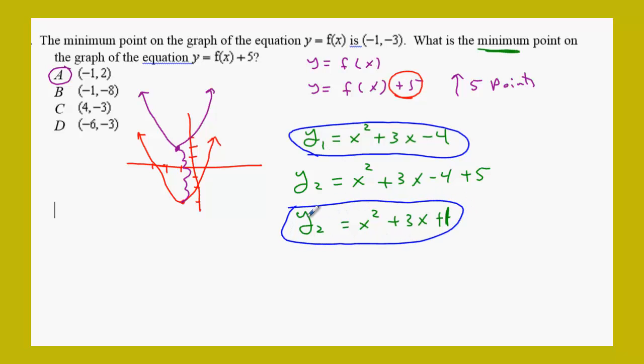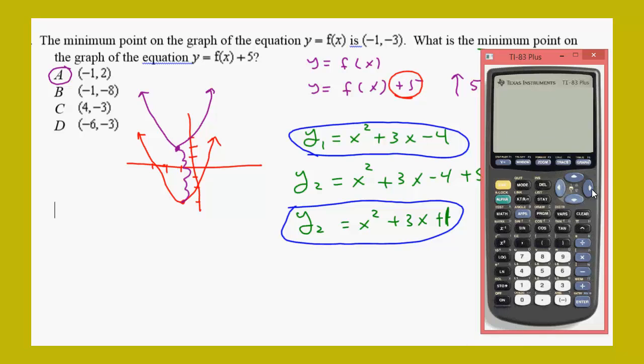Let's check the translation between them. The first is x squared plus 3x minus 4. The second one is x squared plus 3x plus 1.